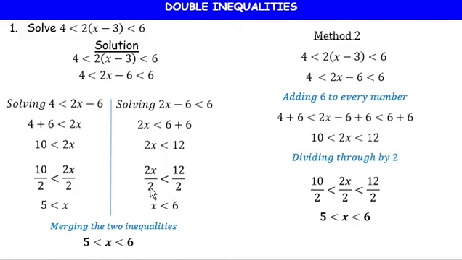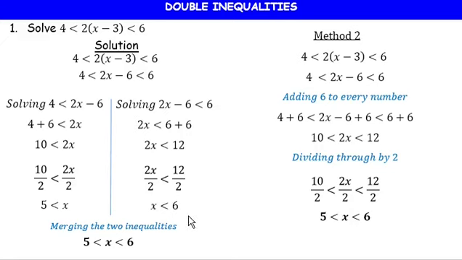We divide through by 2, and we have x is less than 6. So the result of solving 4 is less than 2x minus 6 was x is greater than 5, and the result of solving 2x minus 6 is less than 6 gave us x being less than 6.